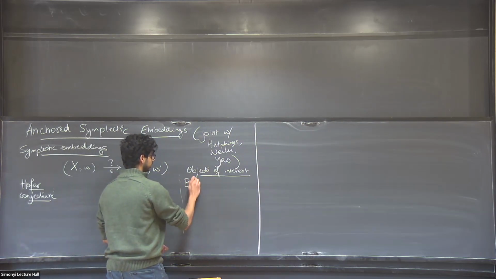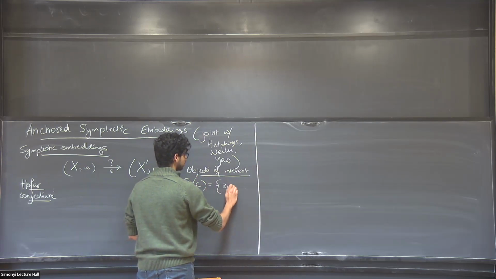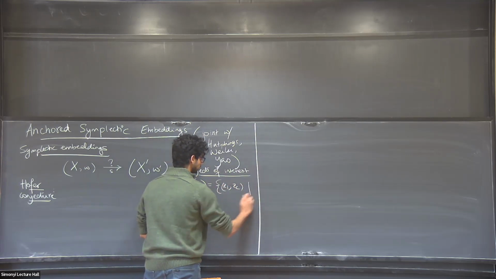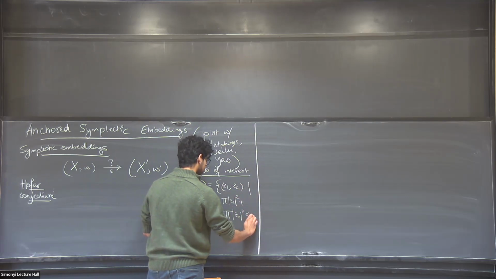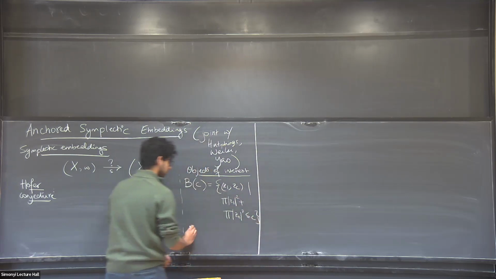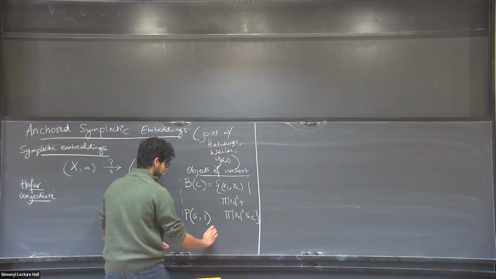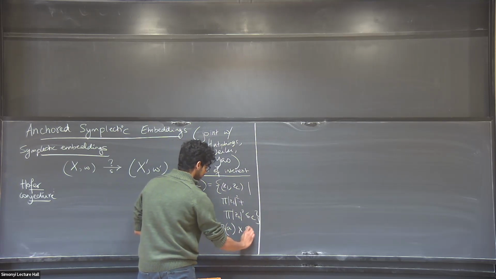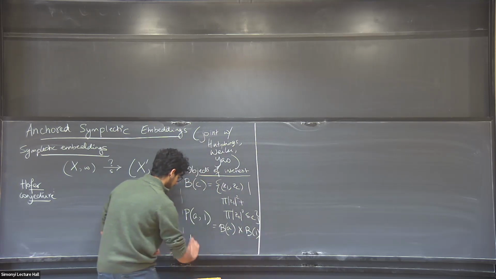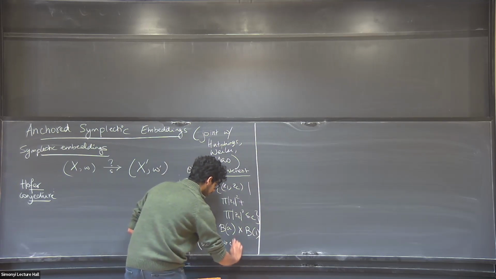So we look at the four ball, and then similarly define the polydisk, which is a product of disks, and then these are ellipsoids.